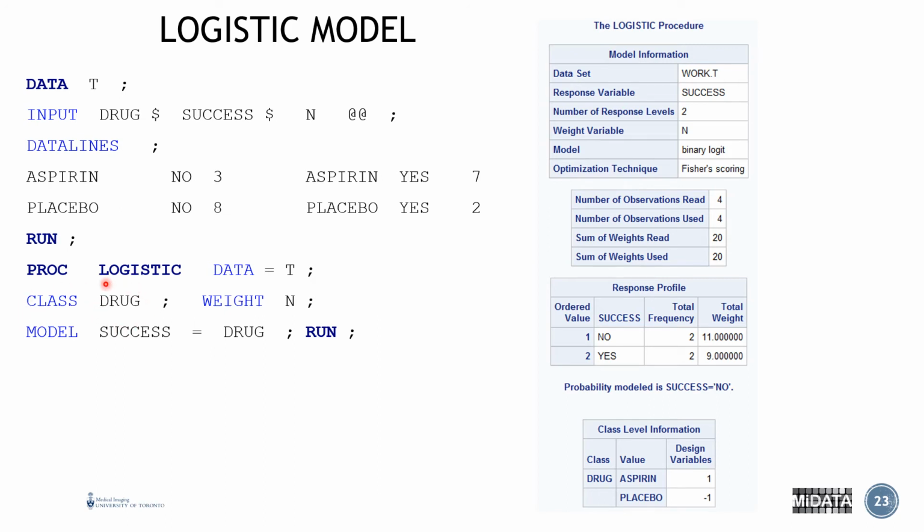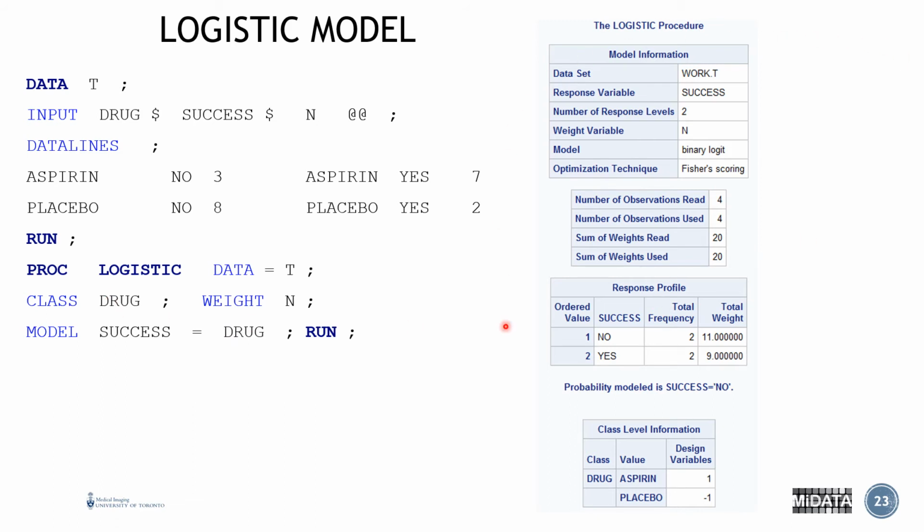We use a class variable for drug because, as you know, drug is a binary variable in this case, for drug or placebo. Now in the model statement, we state the outcome, which is success, yes or no. Because it's a logistic model, the outcome has to be binary. And our independent variable is drug, as we've already assigned it as a categorical variable in class.